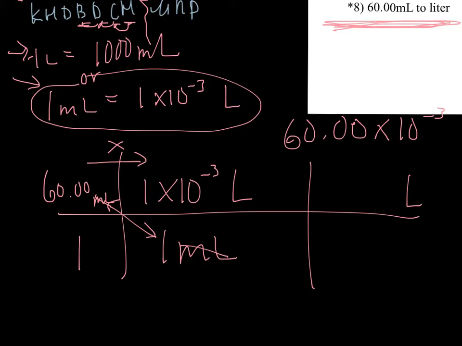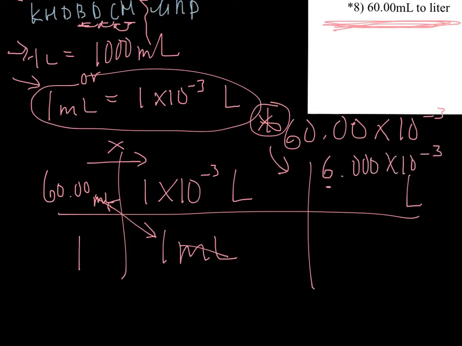But you got to make sure that you put this in the right scientific notation, right? Because at this point, 60 times 10 to the negative third is not the right scientific notation. So I am going to revise this and say it's 6, so just one whole number in the ones place, 0.000 times 10 to the negative third.